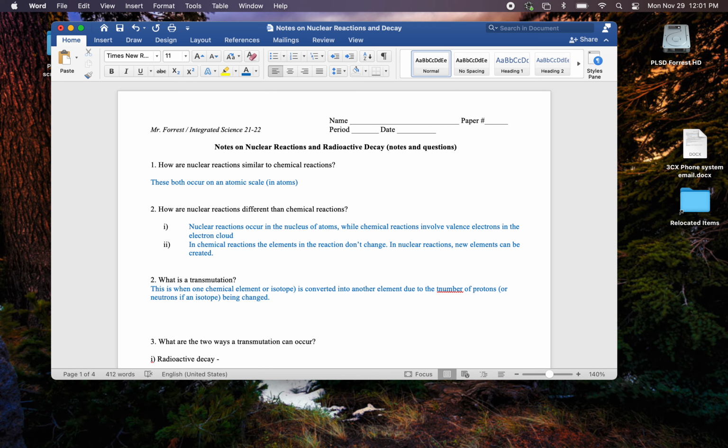The number of protons defines the element itself. So if we change the number of protons, we're going to change that element from something like, again, carbon to maybe nitrogen.